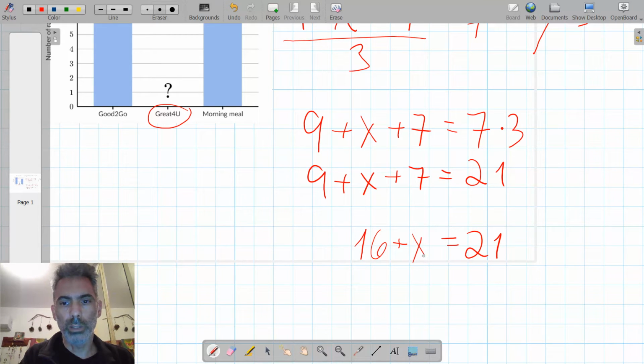And now we need to isolate the x. So we subtract 16 from both sides of the equation. So we are left with x equals 21 minus 16, which means that x equals 5.